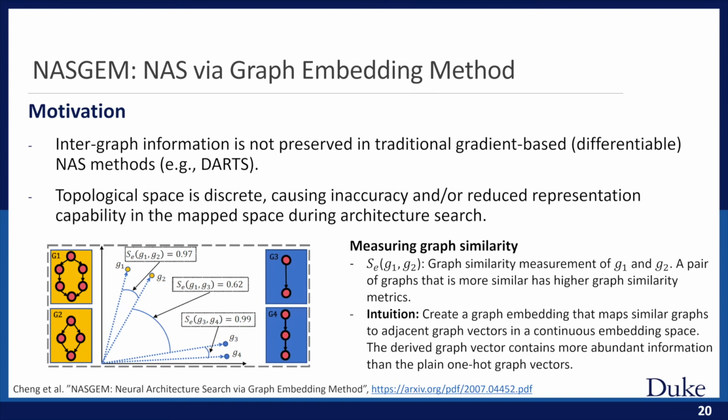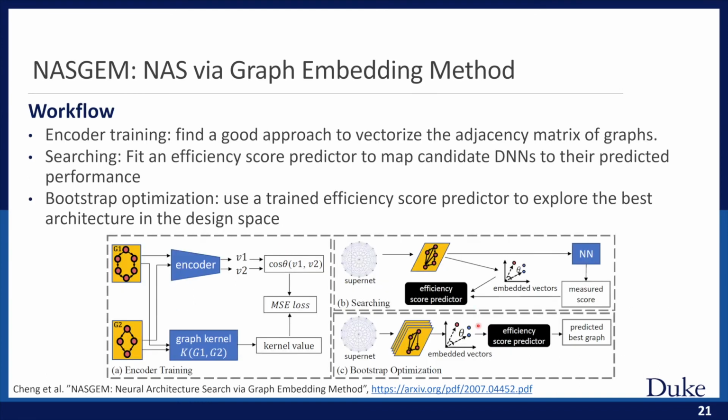And on this page I'm giving the workflow. We use graph embedding to represent the graphs in a continuous space, as I mentioned on the previous page. Then we adopt an encoder to train the graph embedding. During the search, we introduce an efficient score predictor.